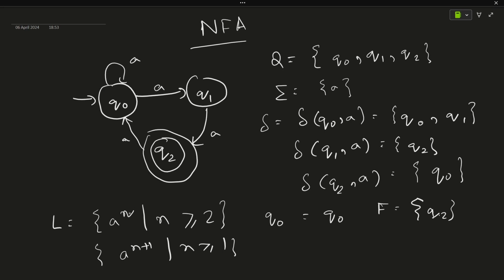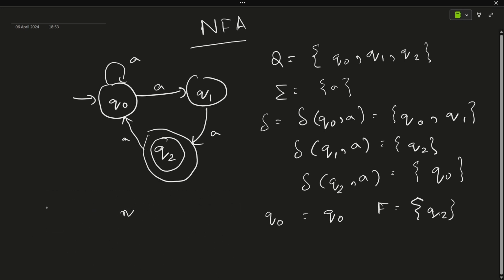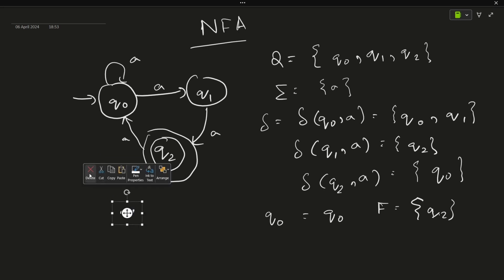Yes, we have to start from 2. Oh sorry, I was wrong, actually this is not the thing. Delete. This is actually the same language.